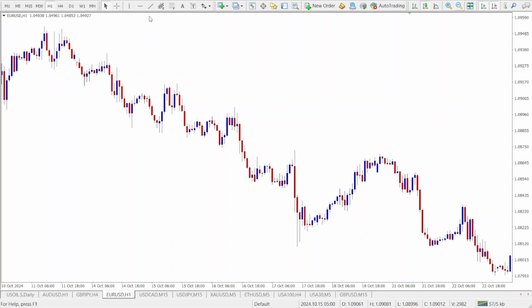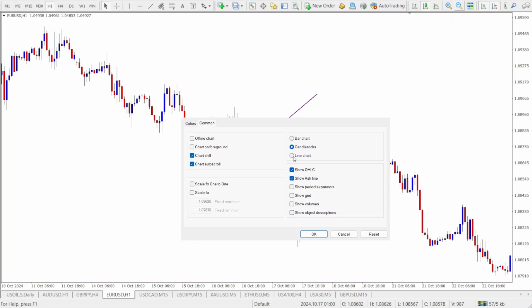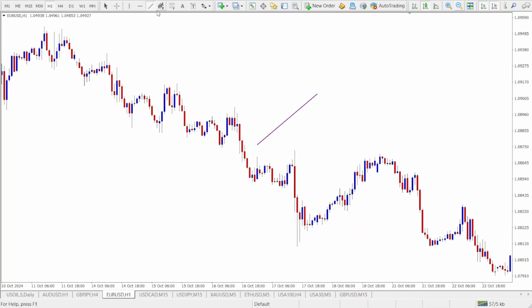So let's say, this is the first wave of the Elliott wave pattern. This is the second wave.